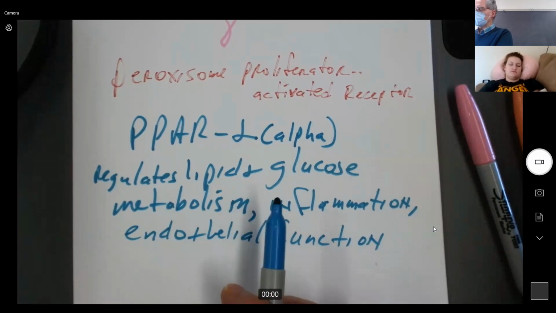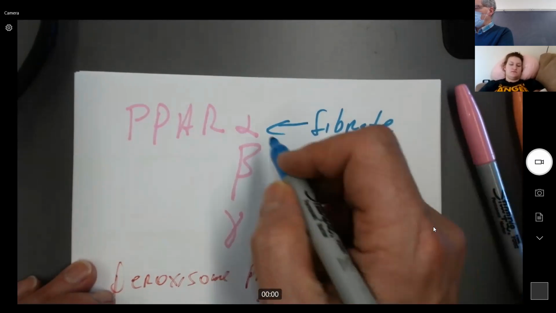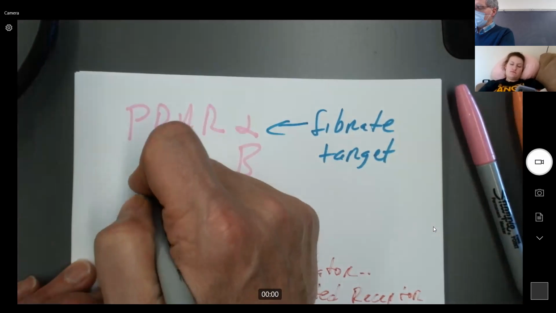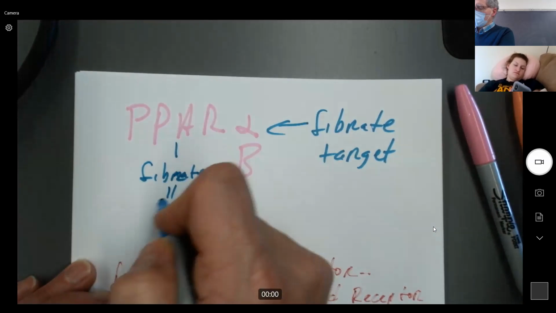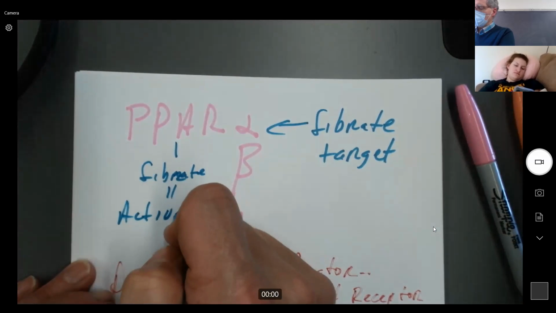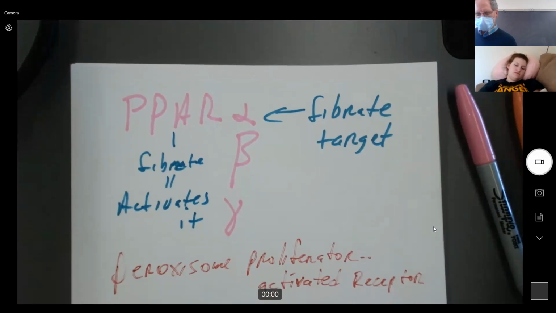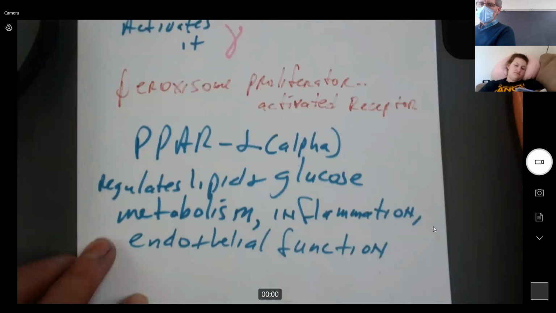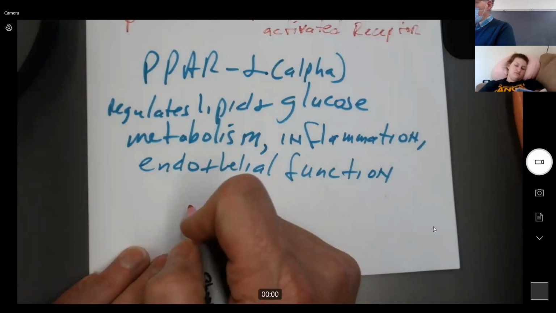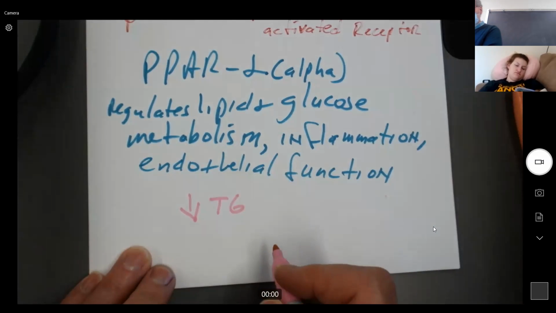Okay, so fibrates essentially, when they form a complex with this, they activate it. So this plus the fibrate activates it. Now, when you give them, they decrease the serum triglyceride levels.